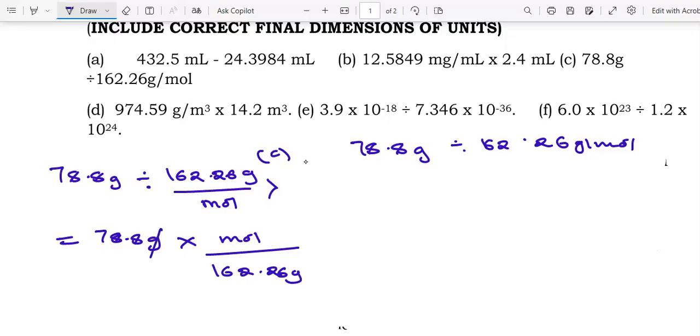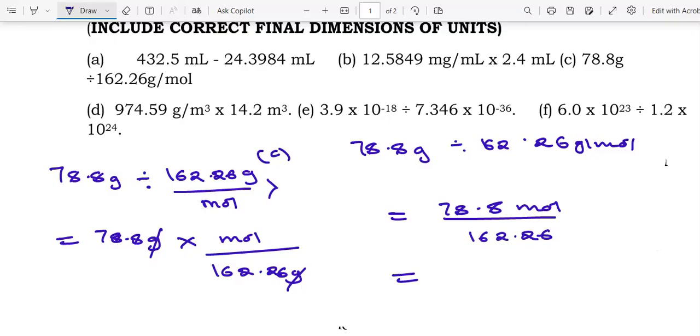We want to cancel the grams. So now our answer is going to be 78.8 over 162.26, and our answer will be in moles.